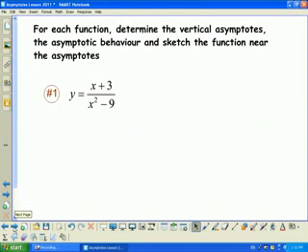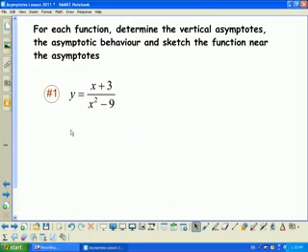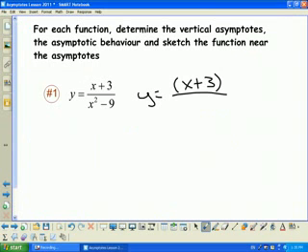Okay. Give you a chance to write that down. Go again. Okay, so when you see this example, what immediately pops in your mind? Factor. Absolutely. Why? Factor first, factor first.